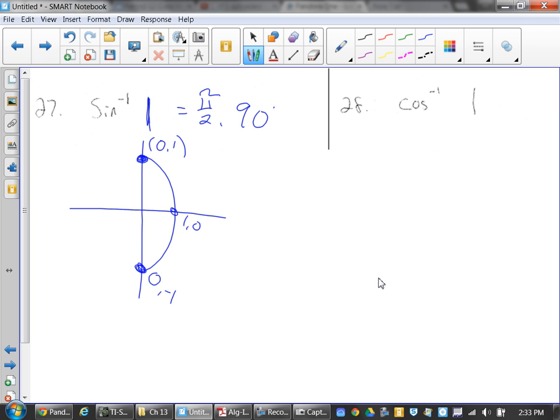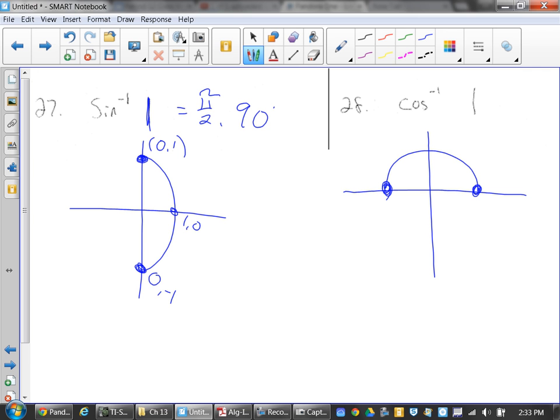Remember, when you're trying to find this, give both radians and degrees, because it shows you between those values. Okay, cosine. Cosine goes between 0 and pi.